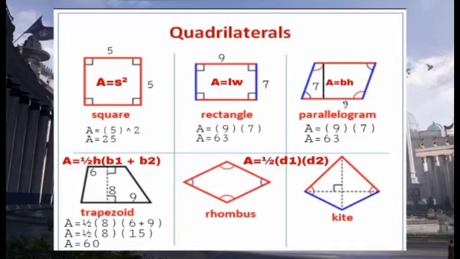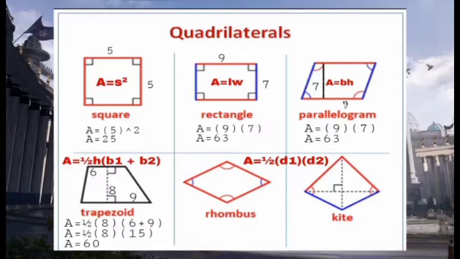The third one is the parallelogram. The formula to get the area of a parallelogram is A equals B times H, where B is the base, the parallel base, and H is the height of the parallelogram.